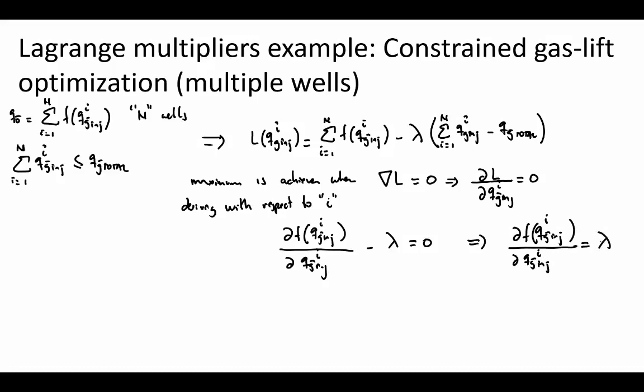and then I have to write the constraints. Okay, so one of them is that lambda is greater or equal than 0. Then the other constraint is this guy here, Q gas total minus, sorry, the sum.